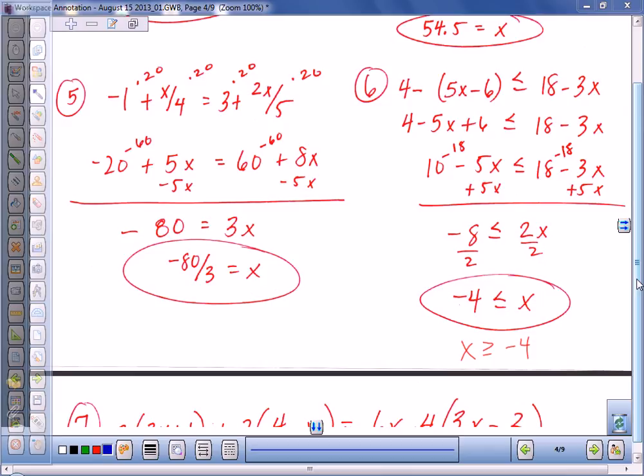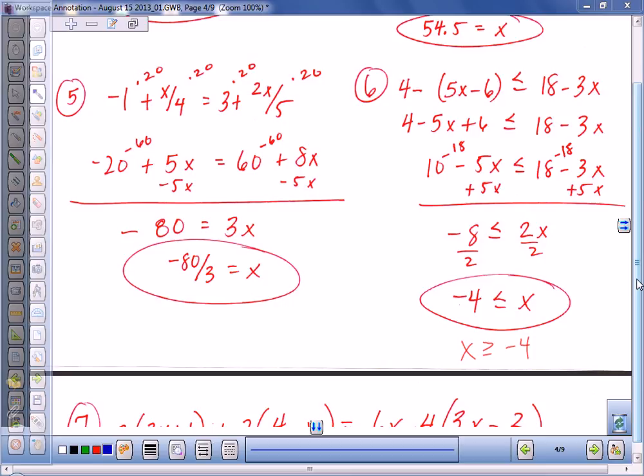Now, I like my answers in exact form. So I'm not going to change this to a decimal. I'm going to leave it as negative 80 thirds. I guess you could switch it to negative 26 and 2 thirds. The reason I do that is because the higher you go in math, the more steps your problems have. If you round at the first part, by the time you get to your answer, you have allowed a lot of room for error.